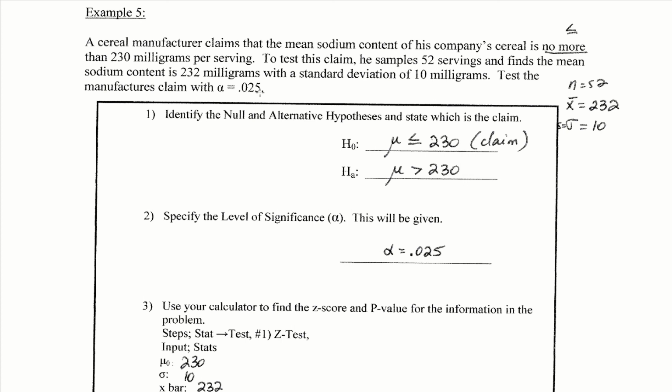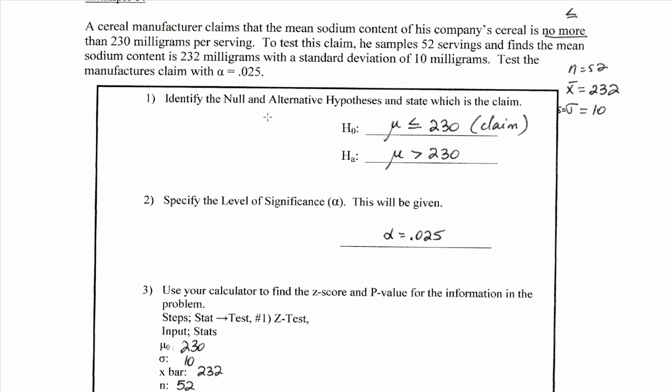We're going to do this the same way as we did the last one. It's another hypothesis testing question. Let's begin by identifying the null and the alternative hypothesis. In the problem, they make the statement that the mean sodium content mu is no more than 230.